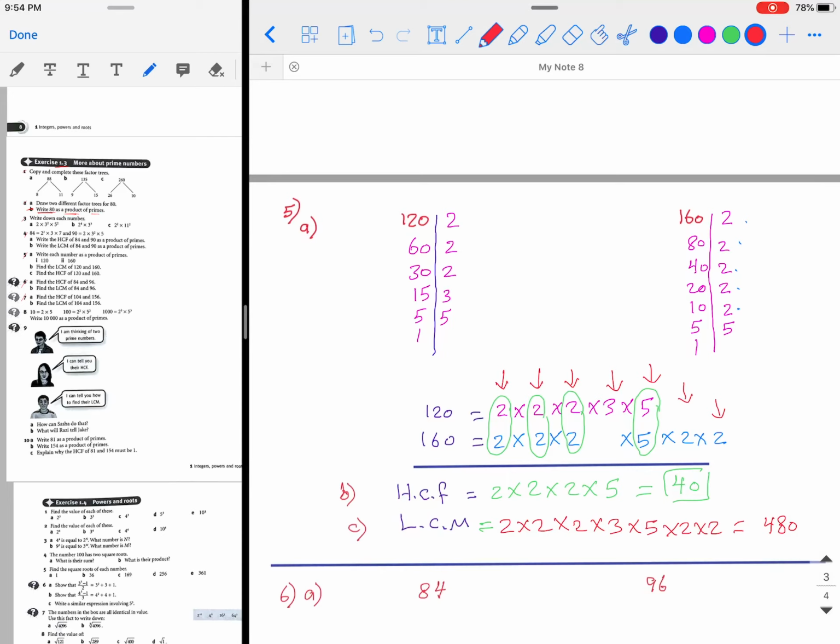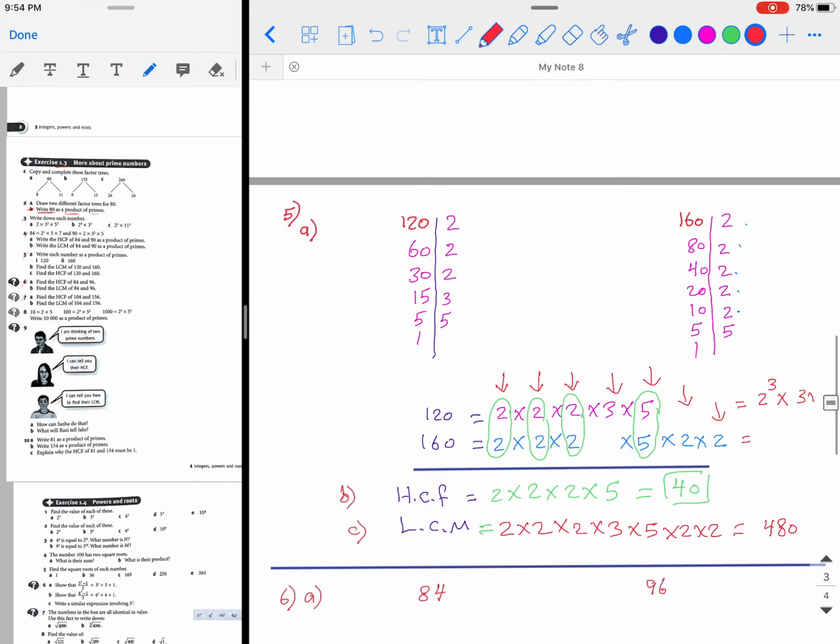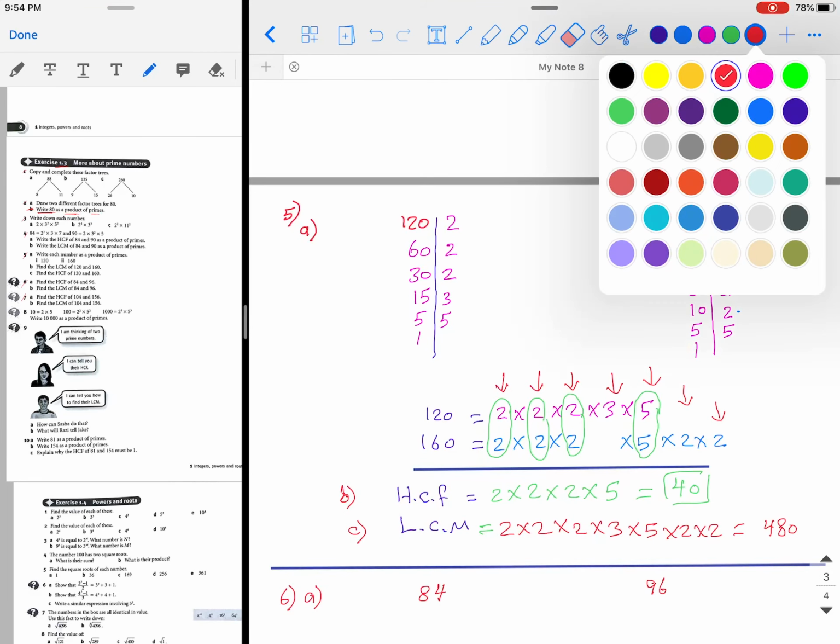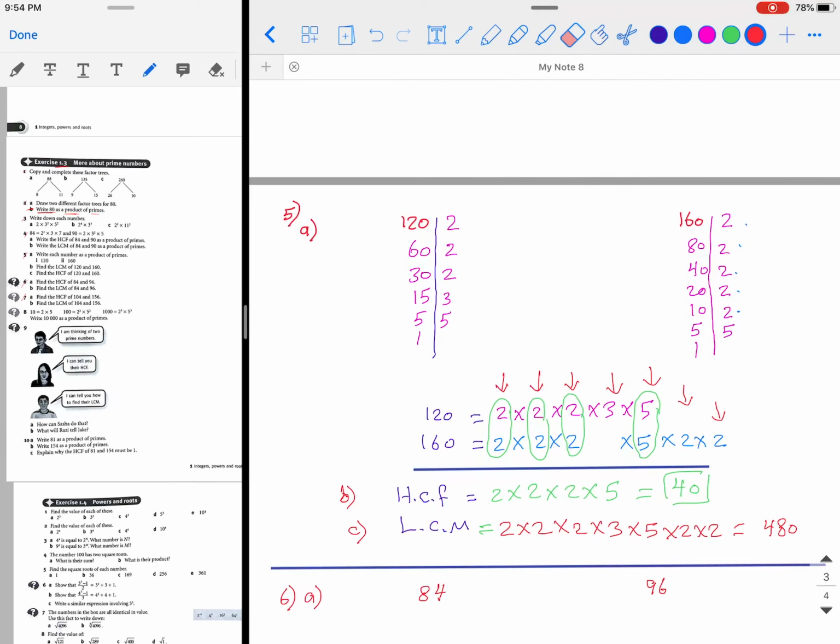Also, to write them as a product of primes, here you have how many 2's? 3. You can write it like this: 2 power 3, right? Multiply by 3, multiply by 5.